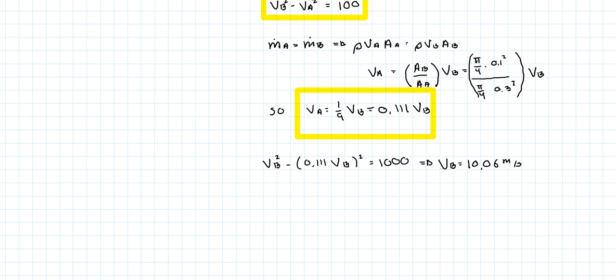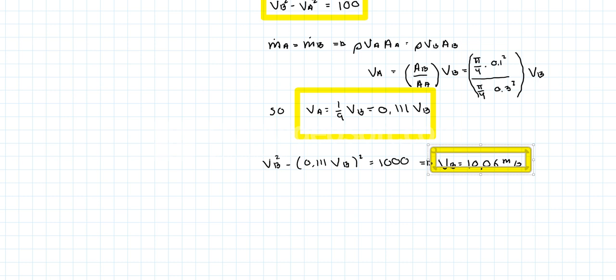And so we only need one velocity term. You don't need the other one, because you just need to use one mass flow rate.